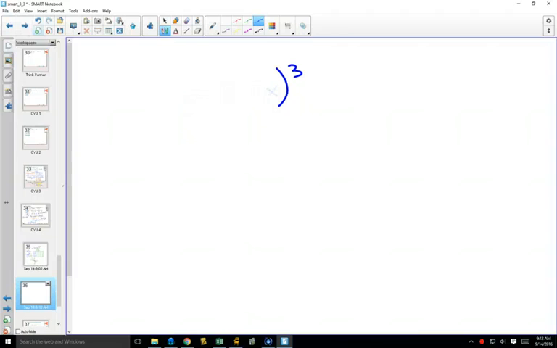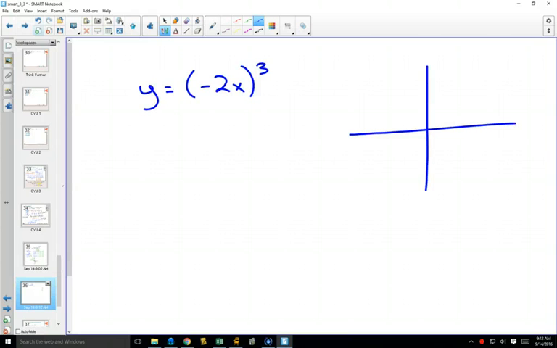Oh, I'm using my pen that disappears. And they give you this graph off to the side.